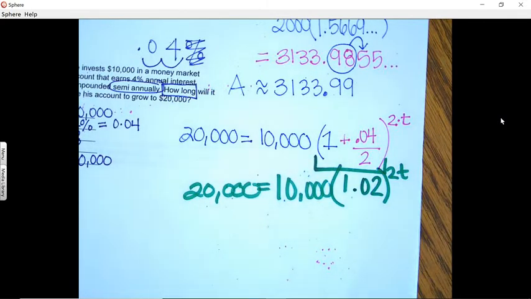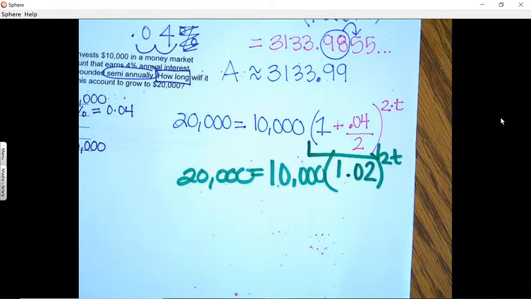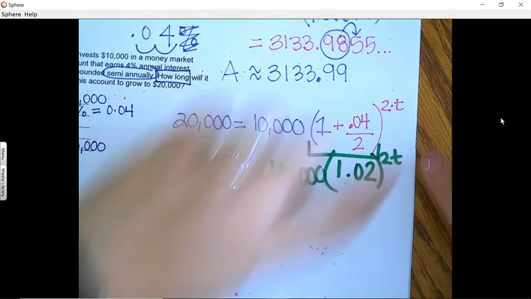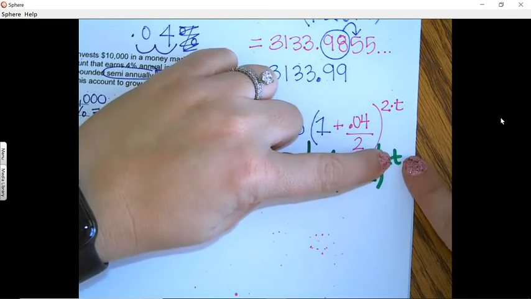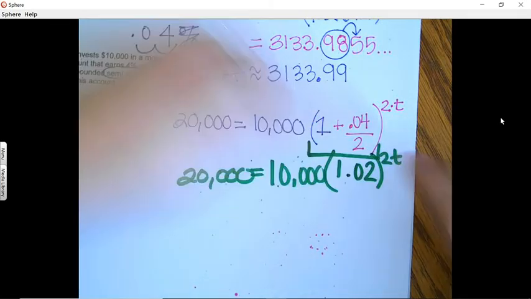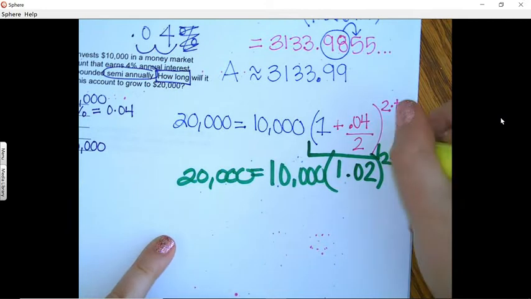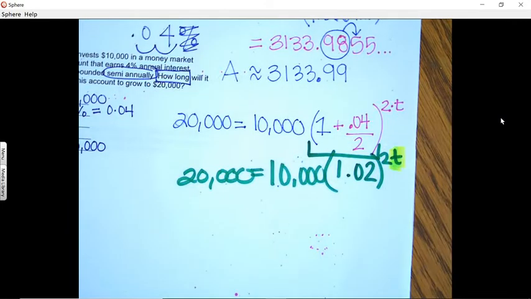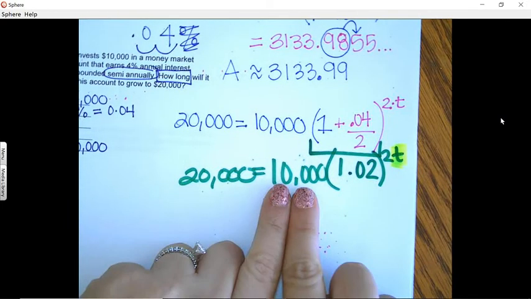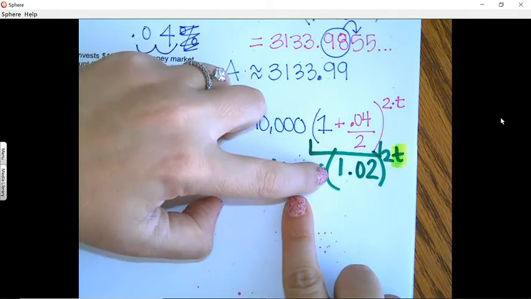So this is an example of where we're going to use the skills you learned from 10.7, because in 10.7 you learned how to solve an equation where the unknown is the exponent. So if we want to solve for t, we want to get this t all by itself. The first thing we're going to do is get rid of this 10,000 because it's being multiplied to this.